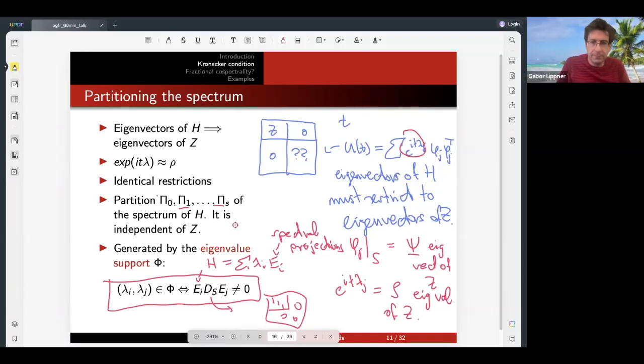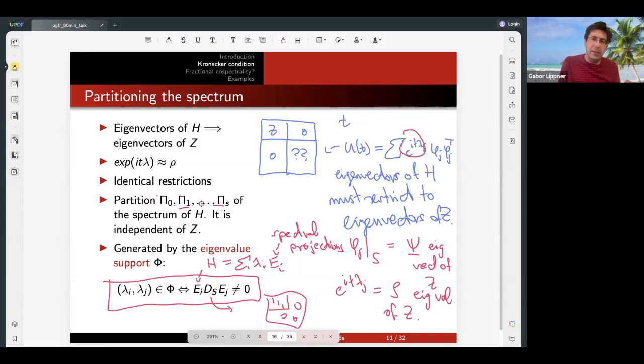Just to give a parallel to the two-vertex case and the state transfer case, there we usually have only 3 parts. So we have a pi 0, and then a pi 1 and pi 2, or a pi plus and a pi minus. The most classical case is the state transfer, where it's a pi plus and a pi minus.